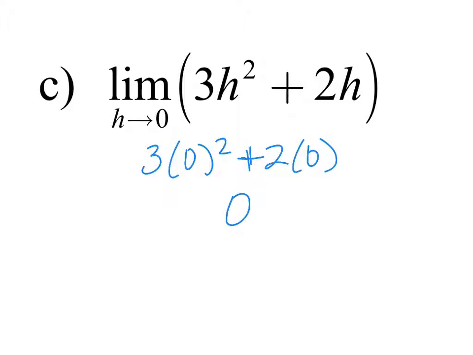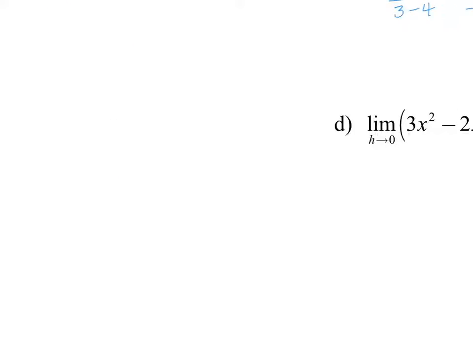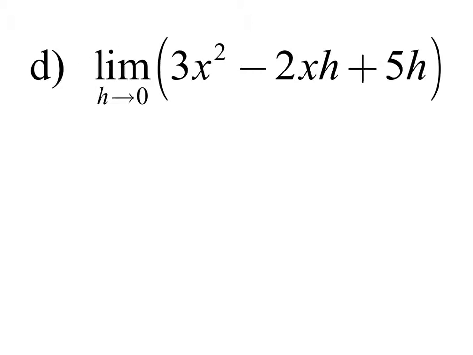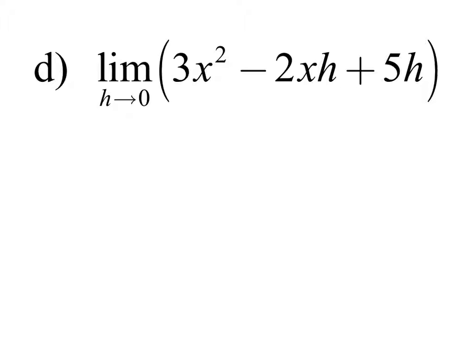Thanks. Okay, D. Now here's where it gets a little tricky. The limit as h goes to 0 of 3x squared minus 2xh plus 5h. Okay, it's the limit as h goes to 0. So the only thing that gets 0 is h. You don't touch the x's. They just go along for the ride. Watch out.